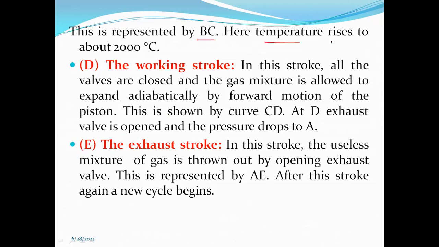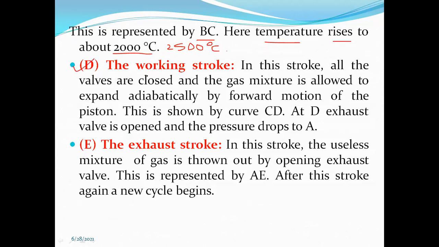So here, due to the spontaneous burning of the oil along with the air, the temperature rises to about 2000 degrees Celsius. Somewhere you can find 2500 degrees Celsius. It depends on the quality and type of the engine.